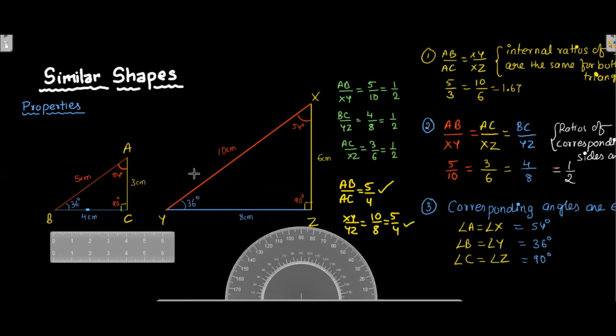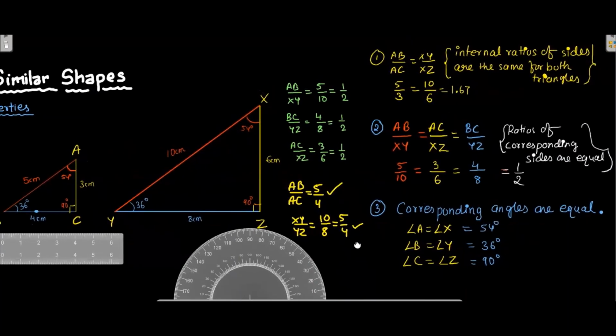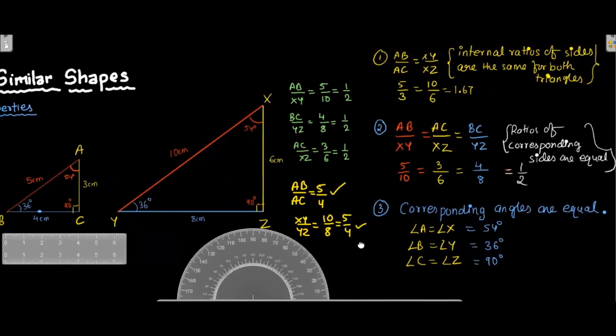When you divide the sides of the same triangle and find the ratios, the internal ratio of sides is the same for both triangles. That's the first property. The second property I already explained: the ratios of corresponding sides must be equal. The third property is that the angles must also be the same for both triangles.